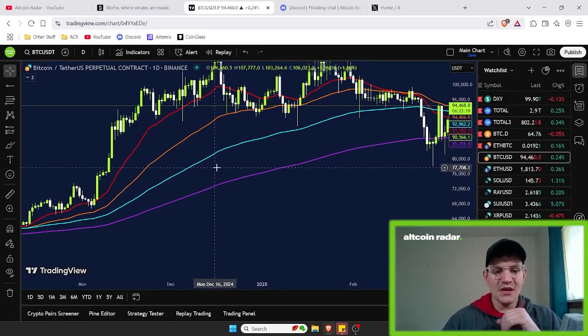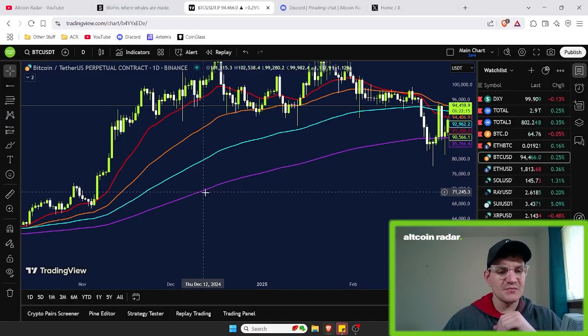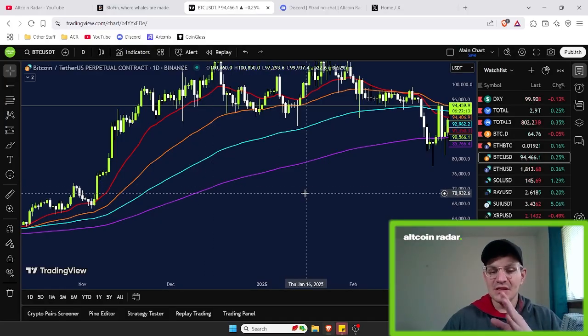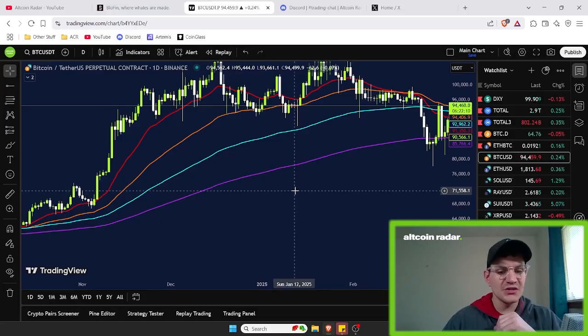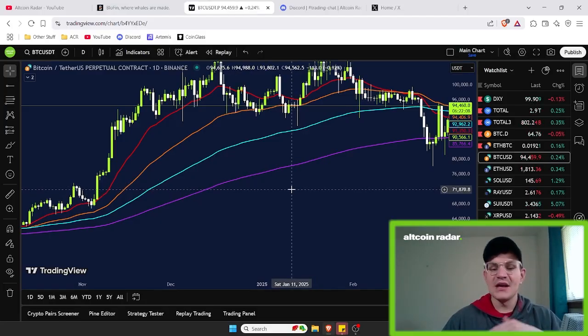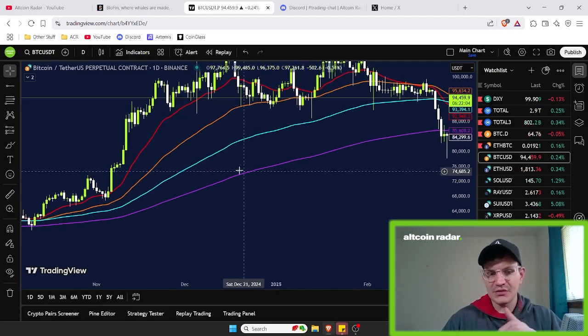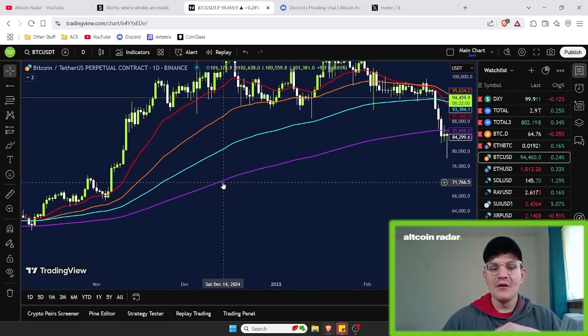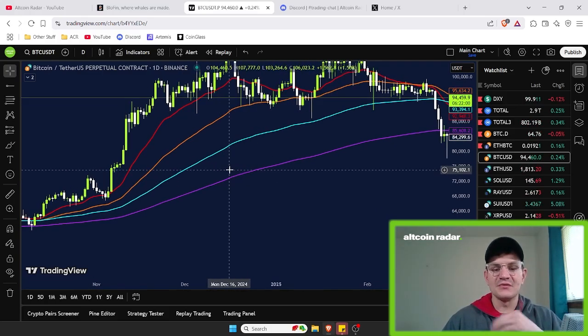Now, lastly, we have got the good old 200 EMA right down here, which is my purple line that I've got here. And this one is best for long-term situations and can also be used as major dynamic support as well. There's a lot of traders out there who use this 200 EMA for a good solid level of dynamic support.